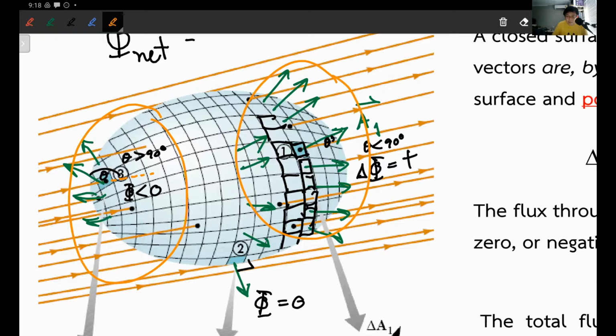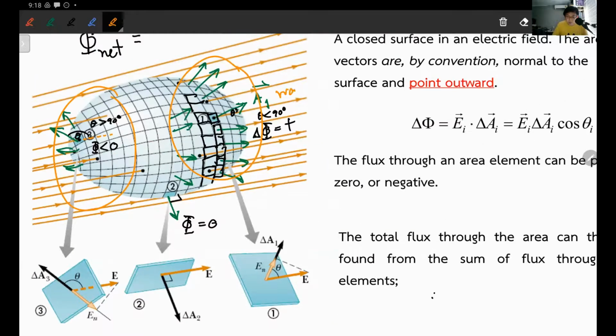So you can think of this like a water flux if you want. It's like a stream of water. You can think of flux as a general idea of something that's flowing, and you want to quantify that.